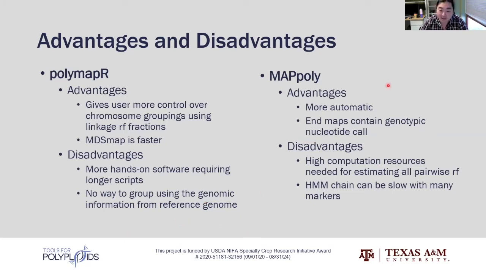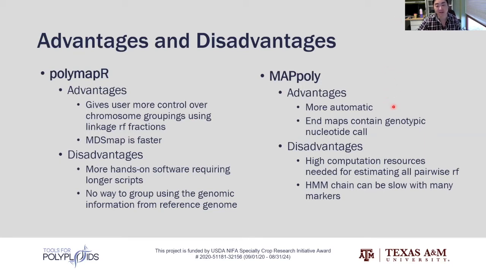Looking at Map Poly, the advantages are that it is more automatic, and this means that your scripts for your mapping are a lot shorter. To give you a comparison, a minute ago we said that the Polymapper map took around 1,200 to 1,300 lines of code. Well, the same map that I did in Map Poly took around 250 lines of code.